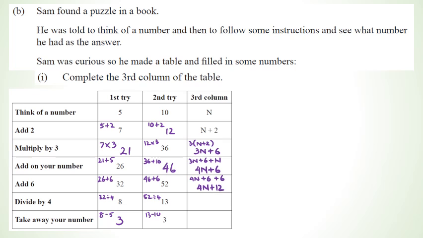Now it says divide by 4. So I've got 4n plus 12 divided by 4. This could be written as 4n over 4 plus 12 over 4. So I end up with n plus 3. And finally it says take away your number. My number was n, so n minus n is 0.